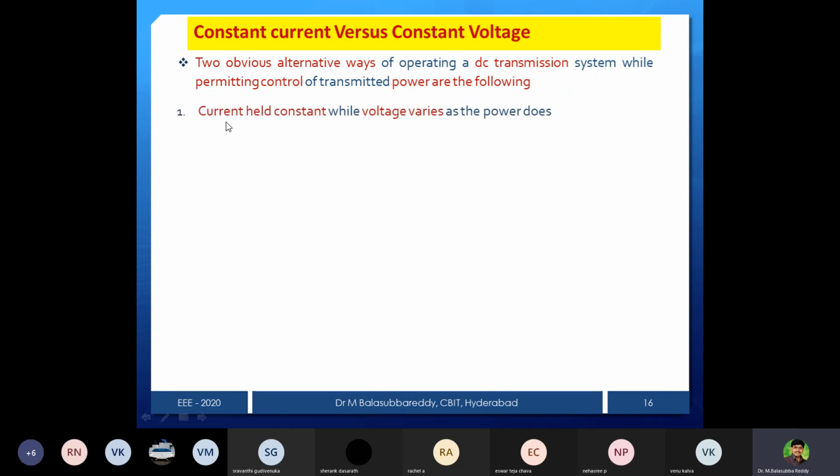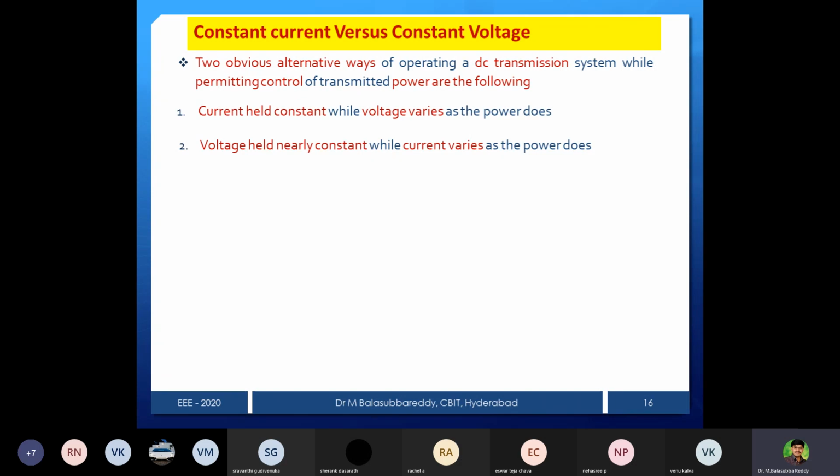We will see that one is the current held constant. That means one thing is to keep the current constant with voltage variation, and vice versa. The second one is voltage constant and then current varies. So these are the two strategies in HVDC transmission.